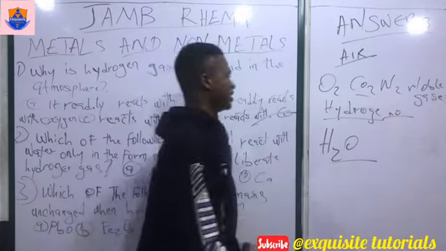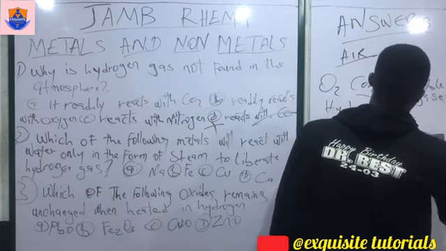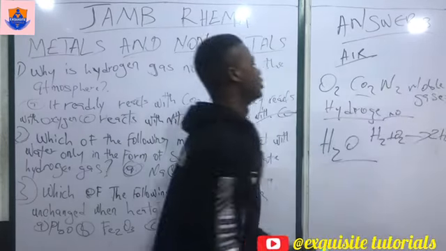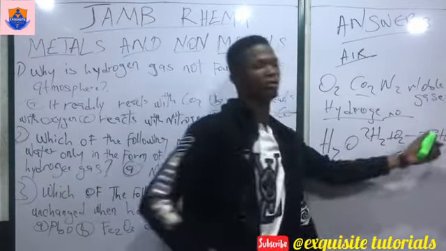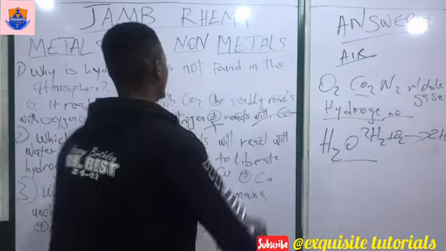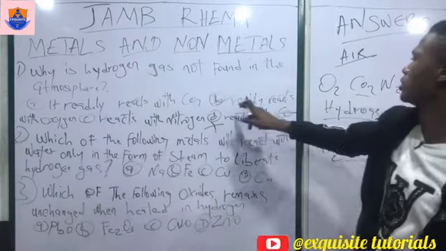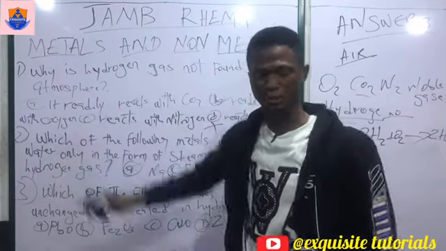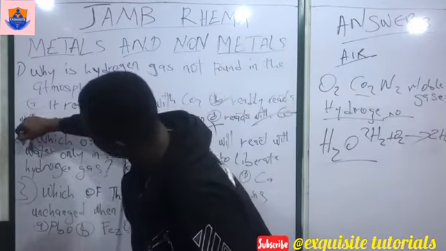It's as simple as that. This is the reaction: hydrogen gas plus oxygen gas gives you H2O. So the main reason why hydrogen is not found in the atmosphere is option B, which says that hydrogen reacts with oxygen. Grab that.